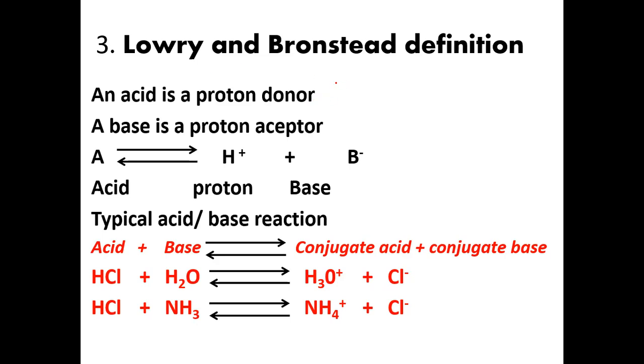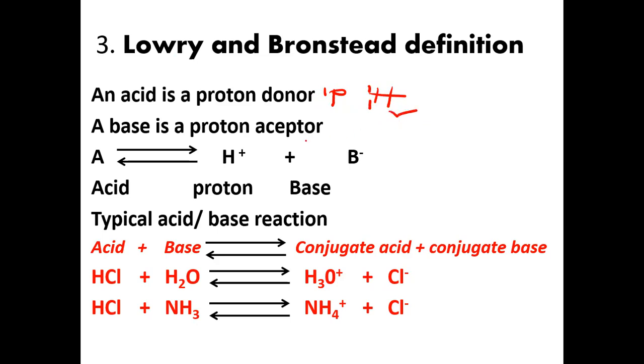When talking about a proton, we all know a proton has a mass of 1. Is that okay? So when you look at hydrogen, a typical example of a proton is hydrogen, because hydrogen has a mass of 1 and an atomic number of also 1. So this qualifies to be a proton.